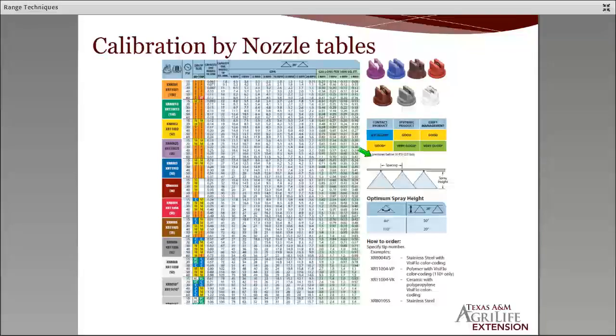Something else that I find very impressive, and lots of people do not take the time to look at these, and lots of people don't even know they exist, is that every nozzle manufacturer makes a nozzle table. This right here is one of TeeJet's tables, but keep in mind that Greenleaf, Boombuster, everybody that makes a nozzle will make one of these tables.